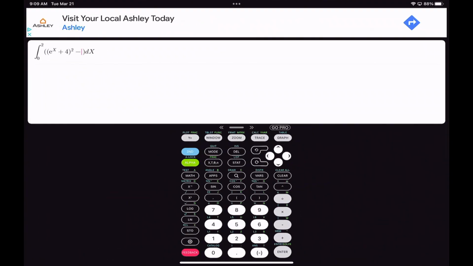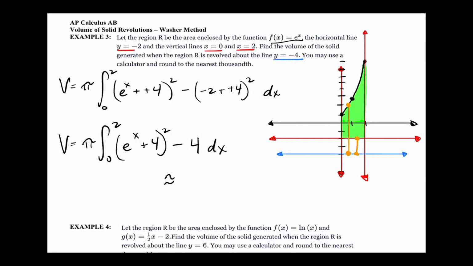Minus 4 whole. Times pi. 320.164. Okay. All right.